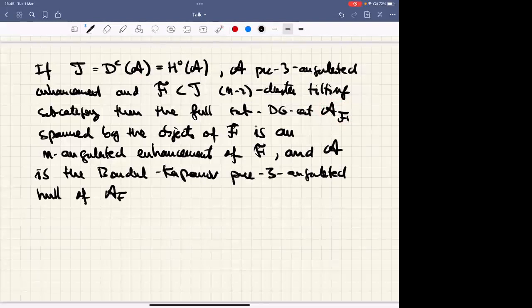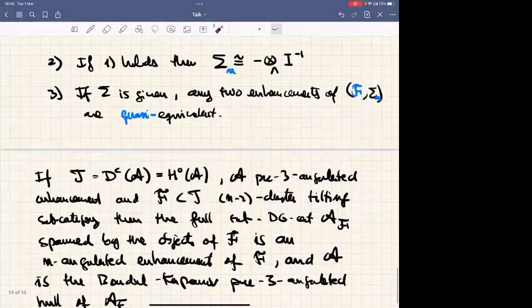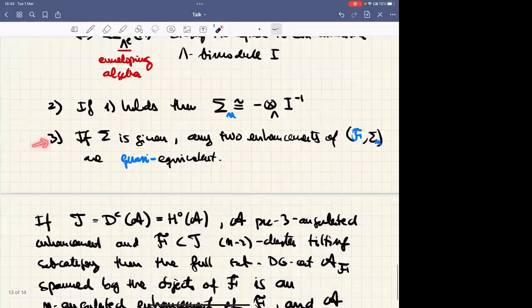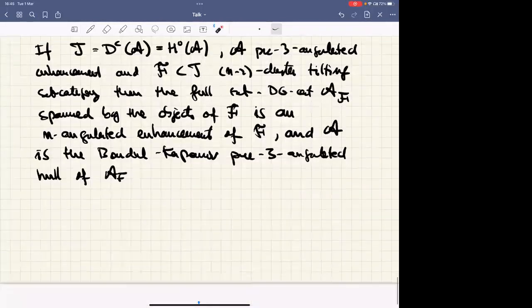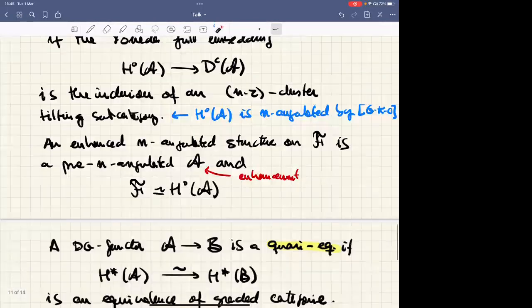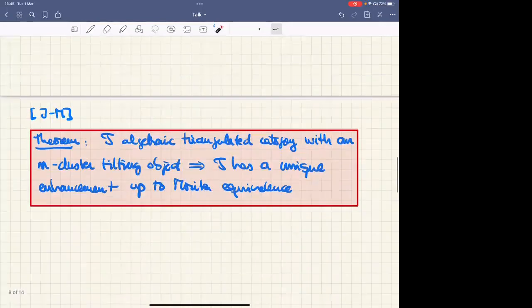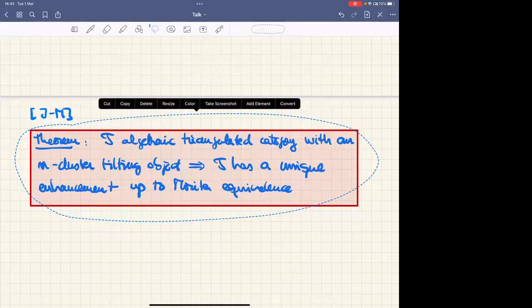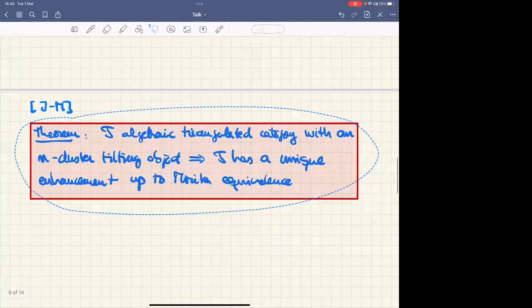So since A is determined by AF, as long as we can only have one AF, which is what the third part of the previous theorem says, then we can have at most one A. So this theorem here becomes a corollary, or I'm actually giving you the proof.